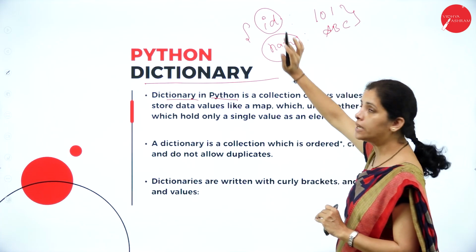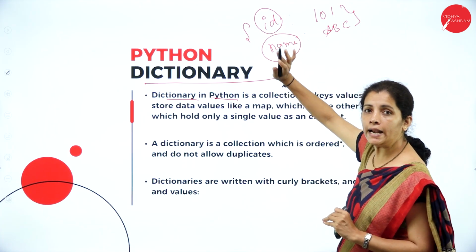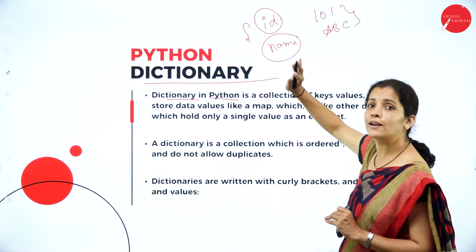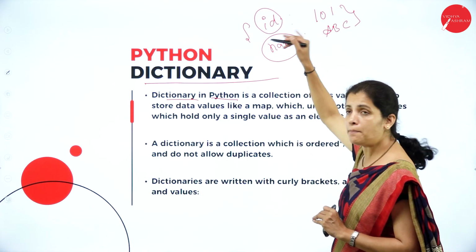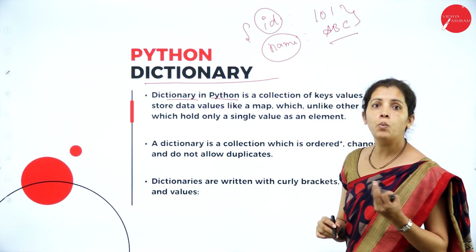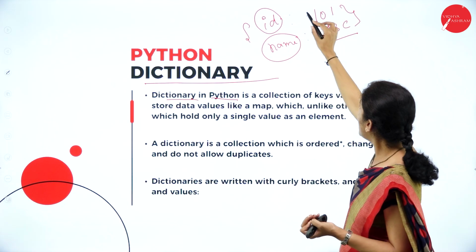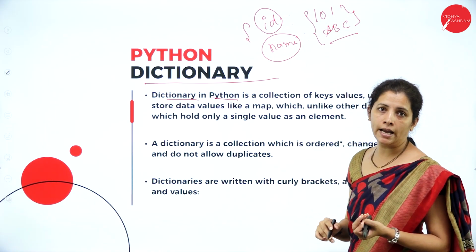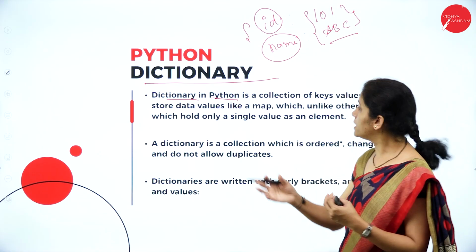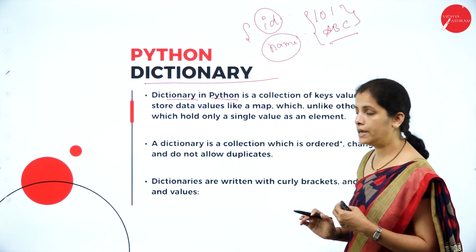But what about keys? Here, duplicate entries are not allowed. In the sense, keys are not repeated. Keys must be unique. But values may be duplicate entries. I can have the same values, but keys must be different.